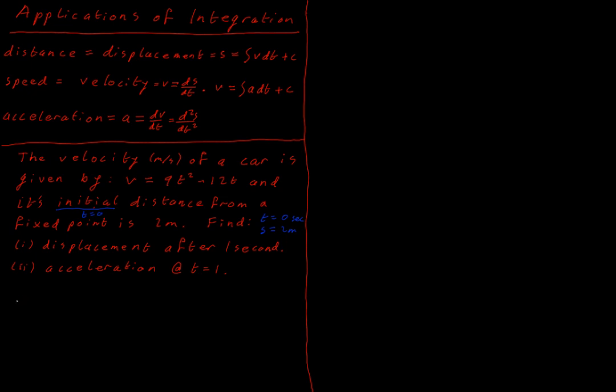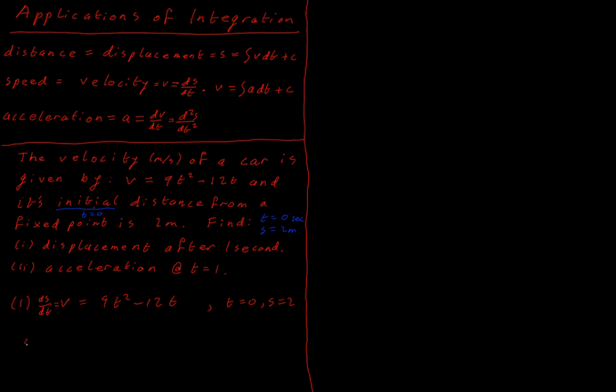So let's start into part 1. I have v is equal to 9t squared minus 12t, and I know that at t equals 0, s is equal to 2. And I know that v is equal to ds/dt.